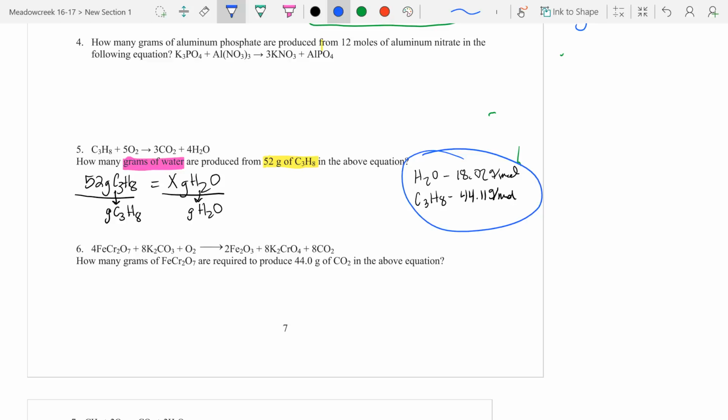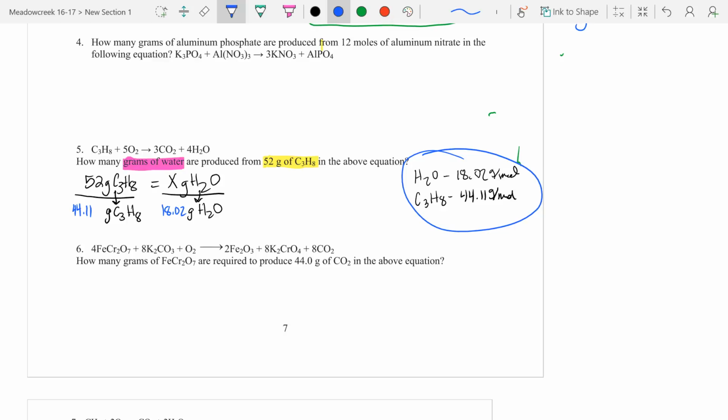Okay, so I calculated the molar mass of water and C3H8 before we started the video, so we didn't have to waste time. If you're not sure how to calculate molar mass, go back to playlist number 6, watch the video on molar mass, and you can figure out how we got these values. But the molar mass for C3H8 is 44.11 grams, and the molar mass of water is 18.02 grams.